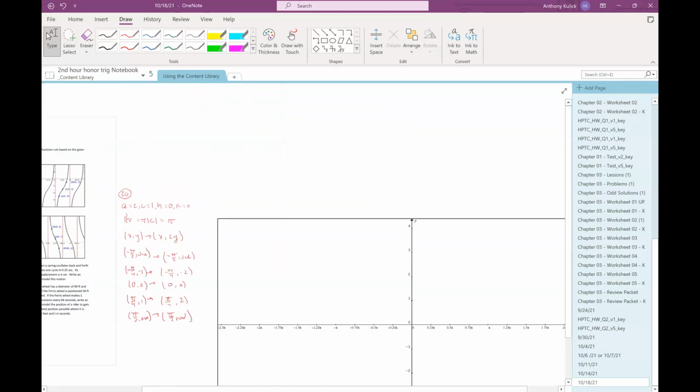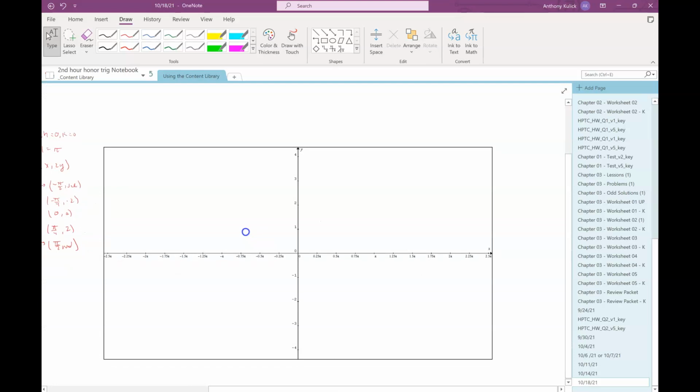Drop this in here. So we got asymptote here at negative 1/2 and positive 1/2. And then at 3/2 and then 2.5.